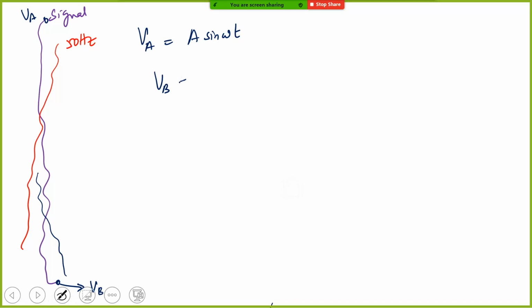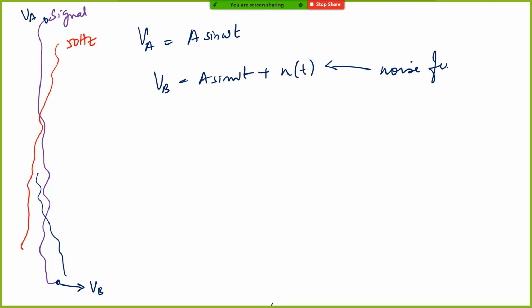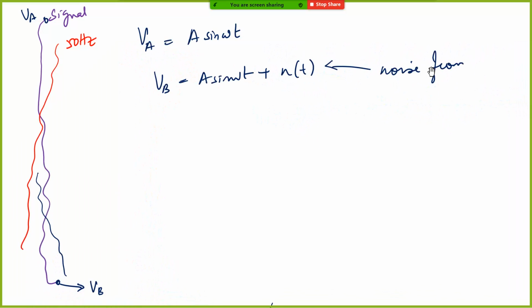By the time it reaches VB, depending on the input impedance seen at point B and so on, you will basically have A sin omega t plus N of t, which is nothing but the interference noise from other sources.